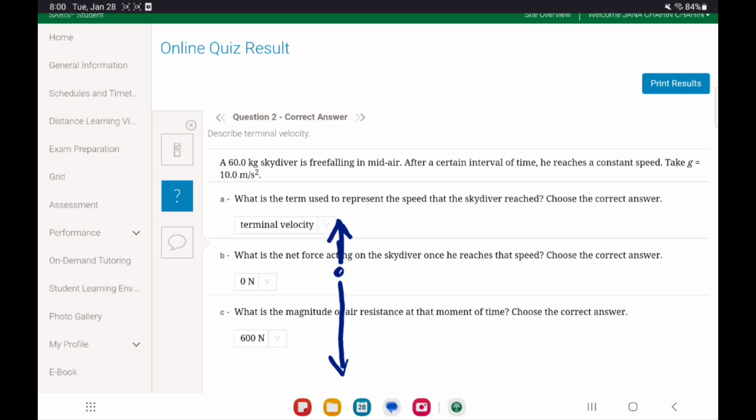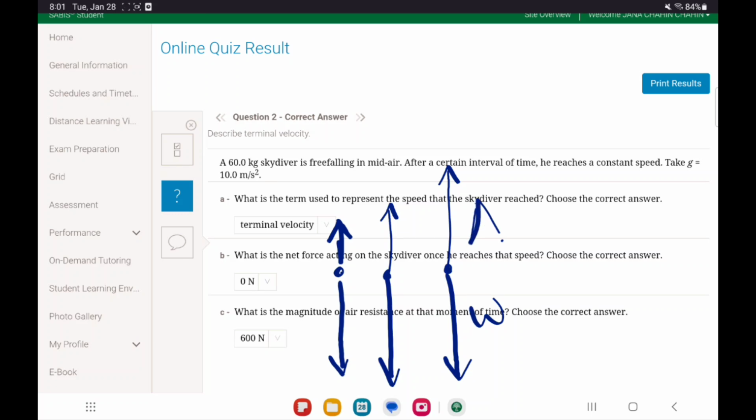And then with time the air resistance increases while the weight obviously stays the same, and then the air resistance reaches the same magnitude as the weight. This is air resistance and this is weight. By the time they reach the same magnitude, that means we reached terminal velocity, okay.